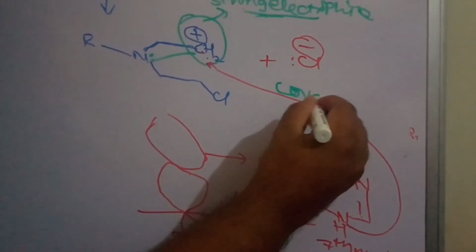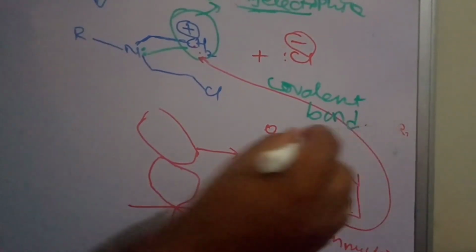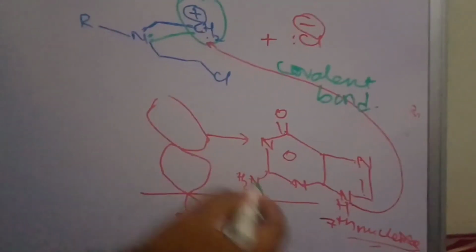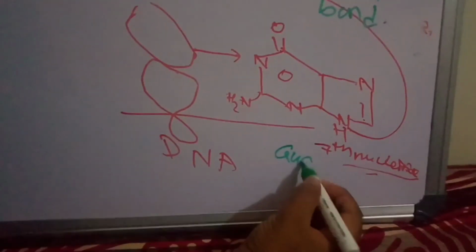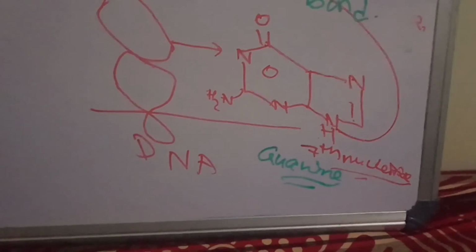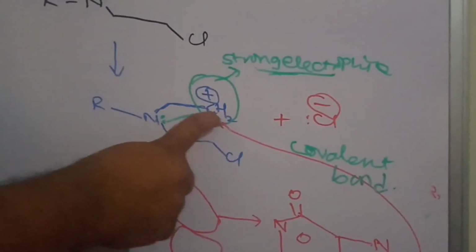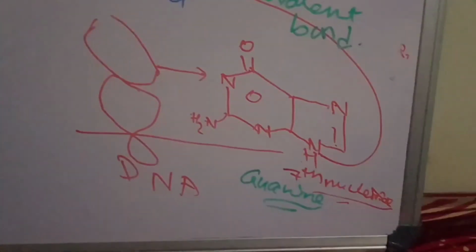As a result, this is, you think, guanine. So instead of guanine pairing with cytosine, guanine will pair with the alkylating agent. This is alkyl.